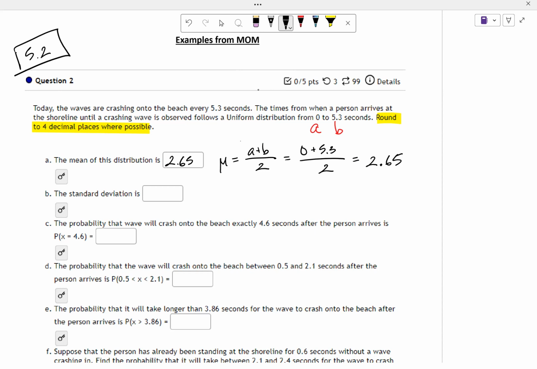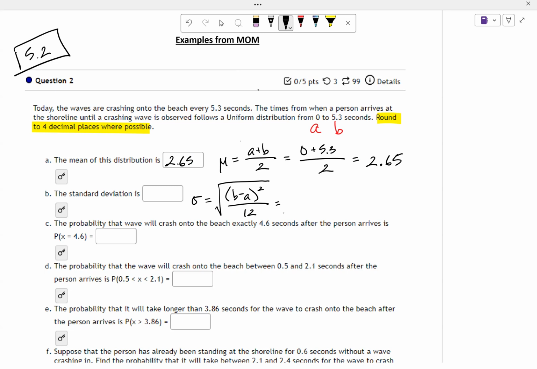All right, the standard deviation is, and again, in our book, we have this formula, sigma for standard deviation equals the square root of b minus a squared over 12. It depends what your a and b are, but it'll always be squared, it'll always be over 12, and then we will always take the square root.